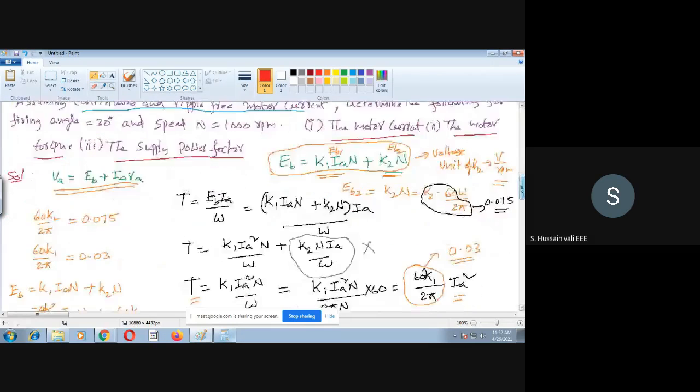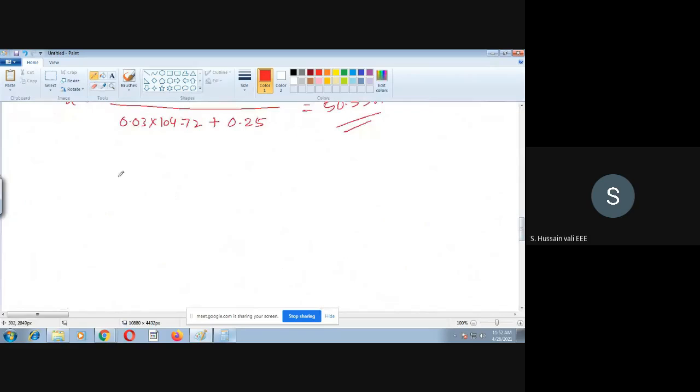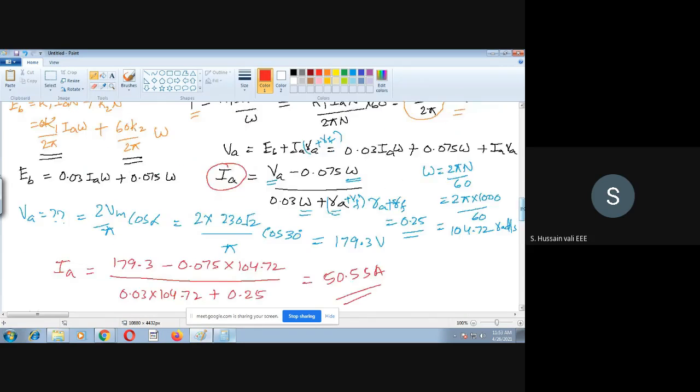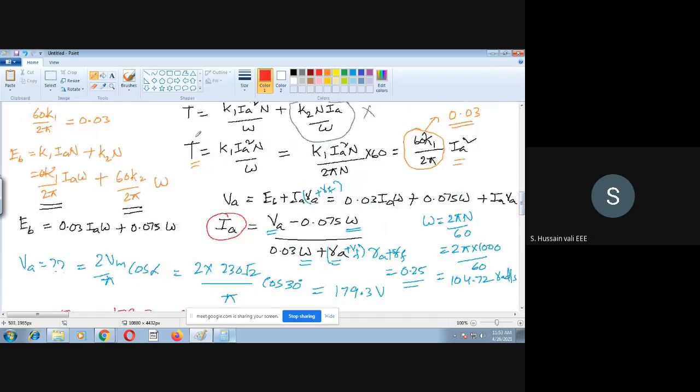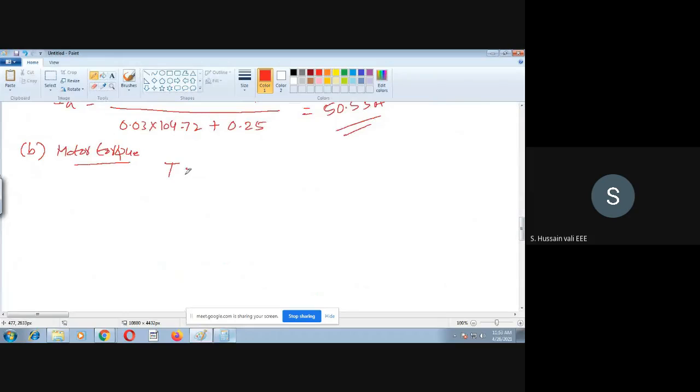Now next is the motor torque. Please recall the motor torque. So second question is motor torque. See, just now we got an expression for the motor torque. Yeah, this one. T is equal to 60 K1 by 2 pi into Ia square. Already we know 60 K1 by 2 pi is 0.03. So we'll write directly here. T is equal to 0.03 into Ia square.